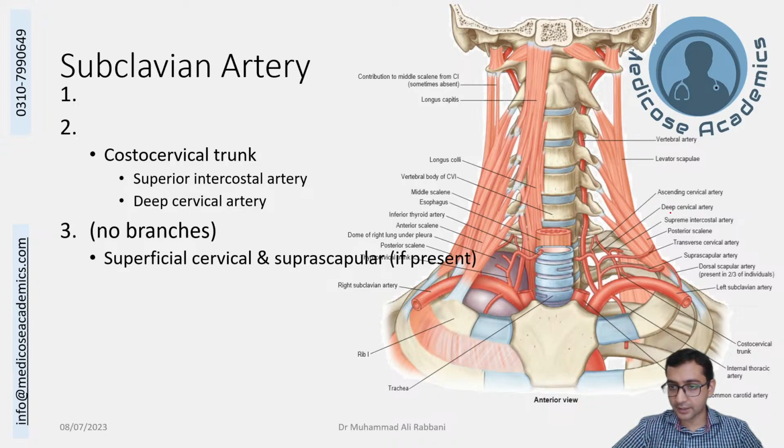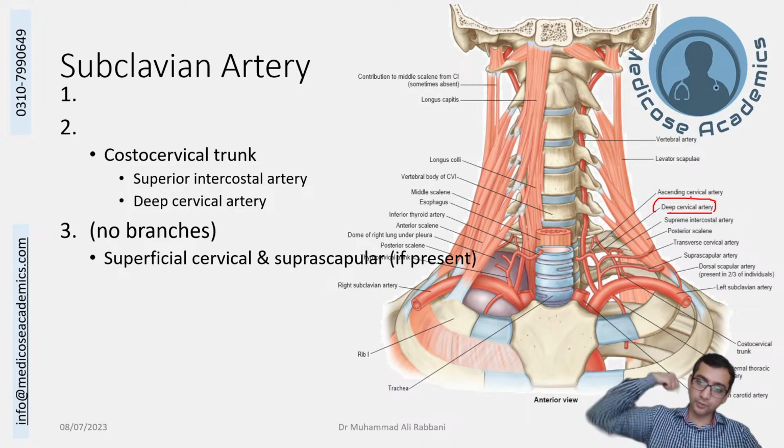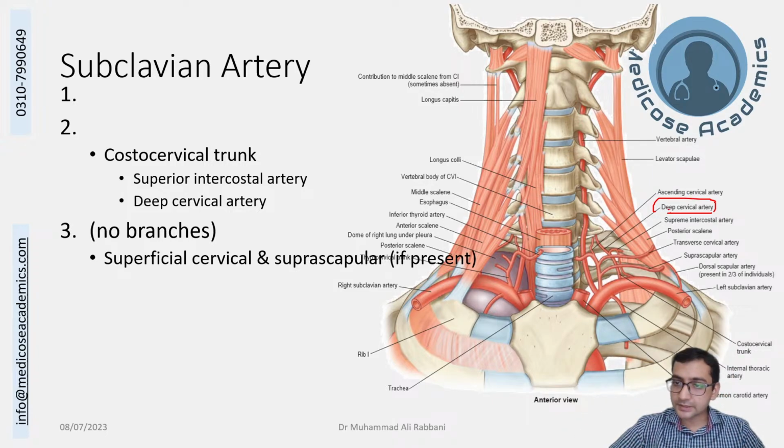It supplies the muscles of the back of the neck. The part that goes down on the back aspect is called the highest or supreme intercostal artery. You may have a little memory of it from the thoracic region, when we studied that the first two posterior intercostal arteries come from the superior intercostal artery.